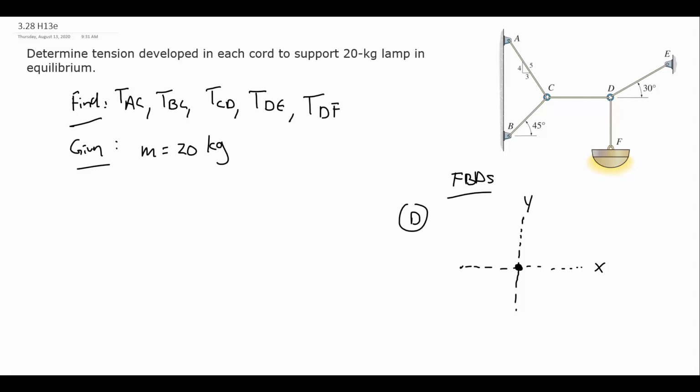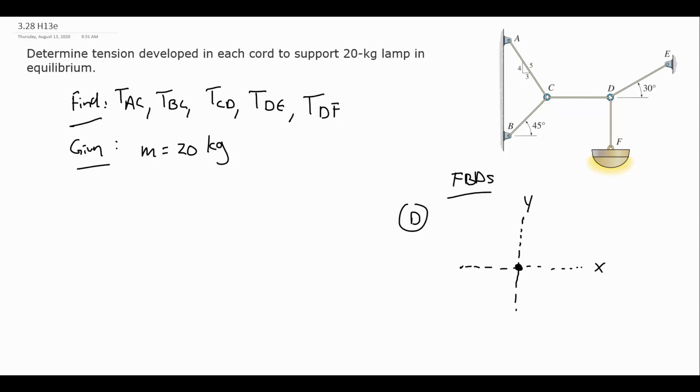All right, so D is the center of this. So I want to model all of the forces that act on D. So there's 3 ropes connected to it, and also always ropes or cords I'm going to assume are in tension, and they can only act in tension. So that means that all of the ropes are going to have arrows coming out from this center point at D. So I'll work in the upper first quadrant.